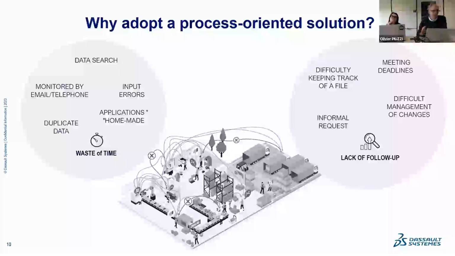Sometimes they have norm or standard processes in their companies, but they are still fighting to get data and search for information. They email or telephone colleagues to get the info, or they've got homemade applications that are a bit old and do not have all the info. So they waste a lot of time.